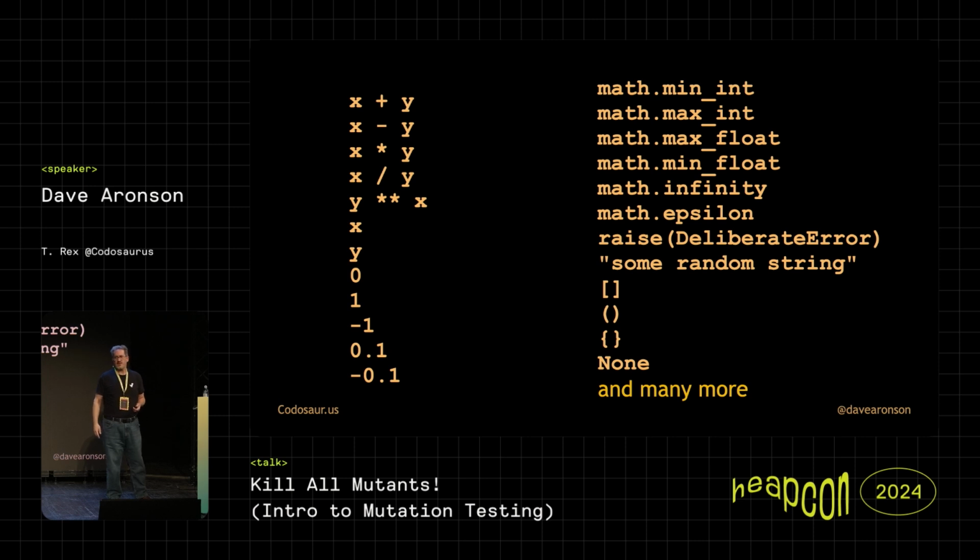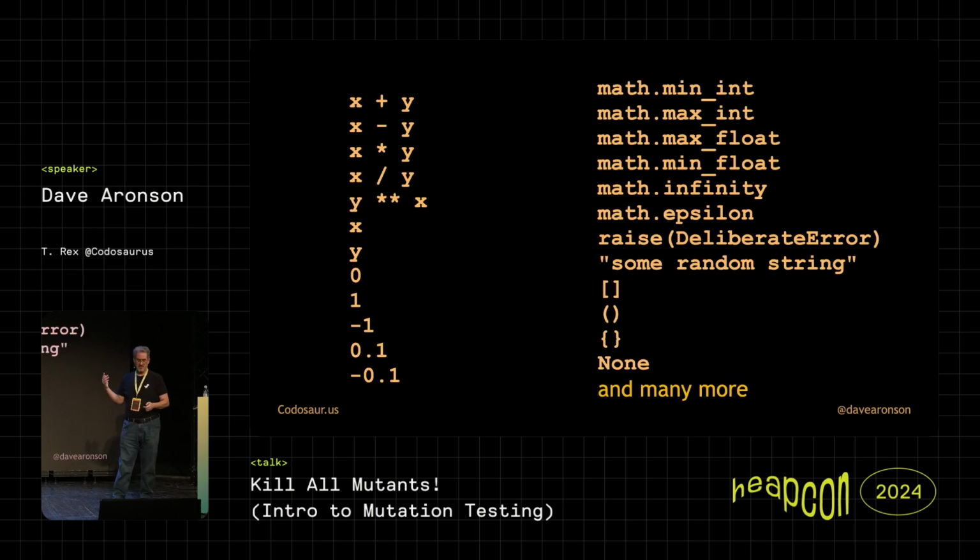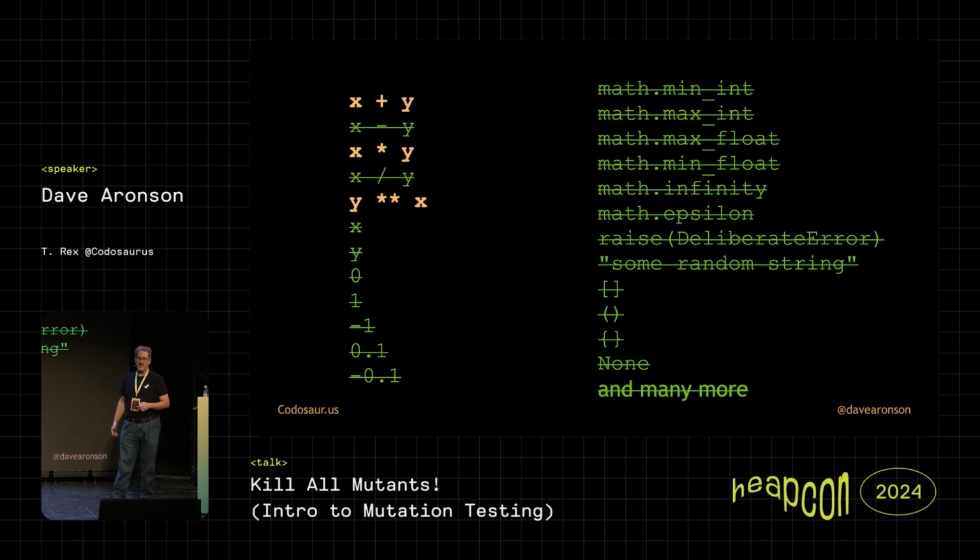Now suppose we had only one test, like so. Now this is a rather poor test, and I think at least one reason why is probably rather obvious to most of you. But even so, the vast majority of these mutants, the ones crossed out here in green, would get killed by that test.